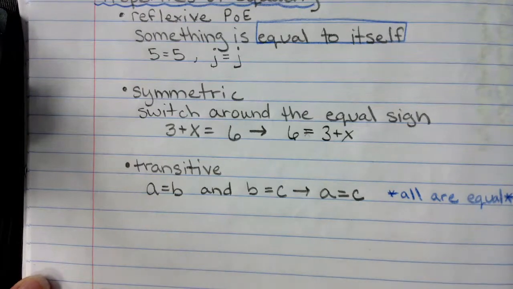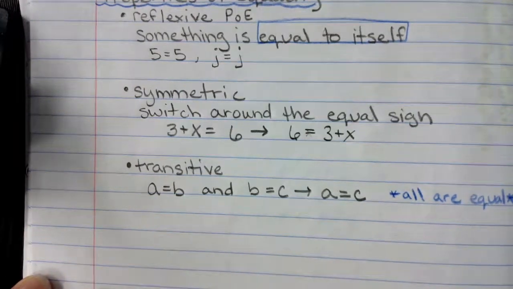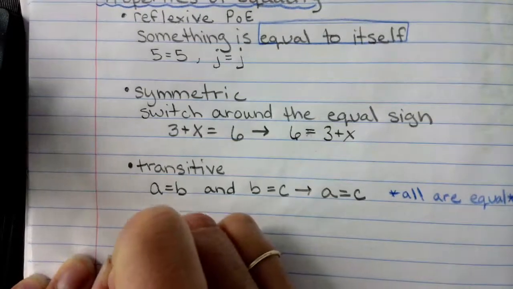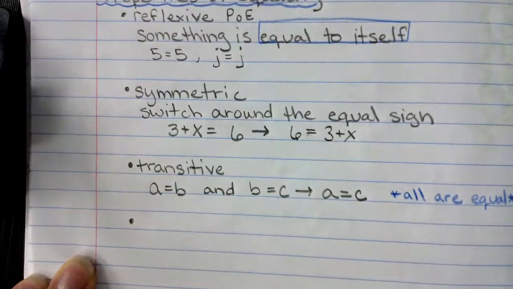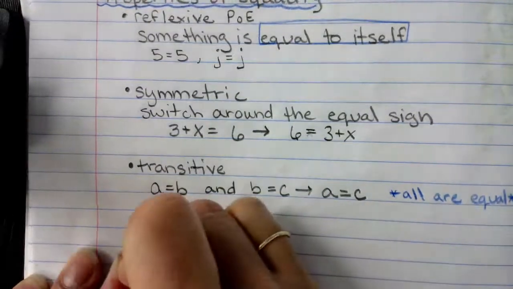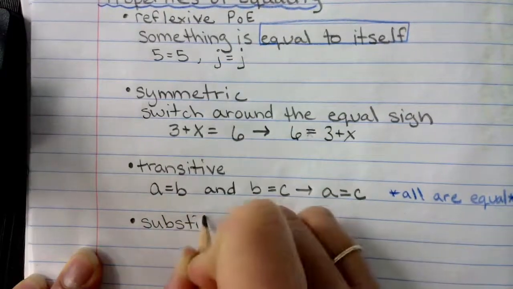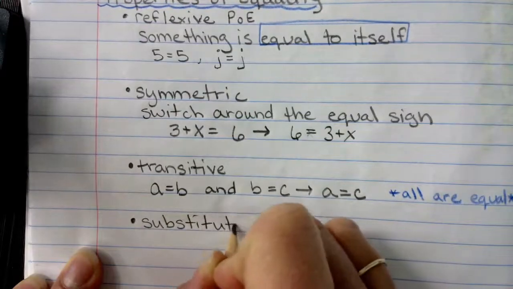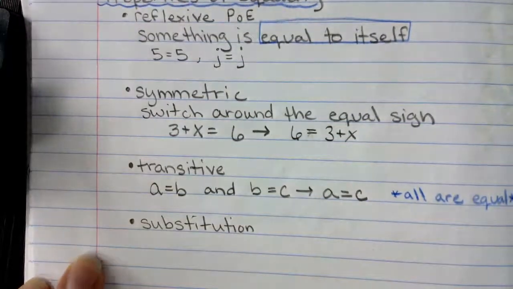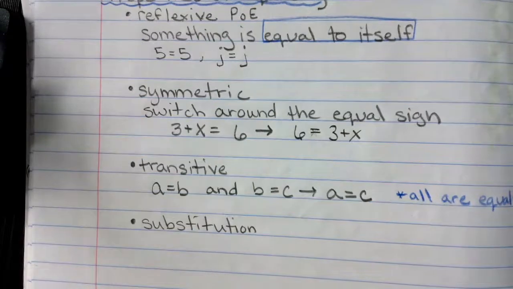All right, we have two more properties under that properties of equality heading, and then we have one more that doesn't really fit with properties of equality. The next one we're going to talk about is substitution. So think about that word substitution, or to substitute.